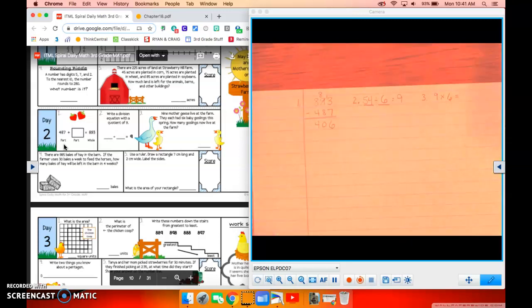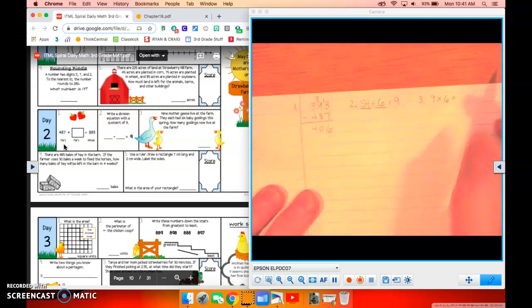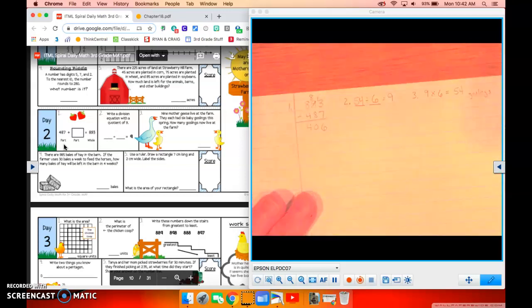Oh, that's just crazy. So the number you picked answers this one. If 9 mothers each had 6 goslings, how many goslings will there be now? 9 times 6, we already answered. It's 54 goslings. That's kind of funny how that worked. And you didn't even know that.